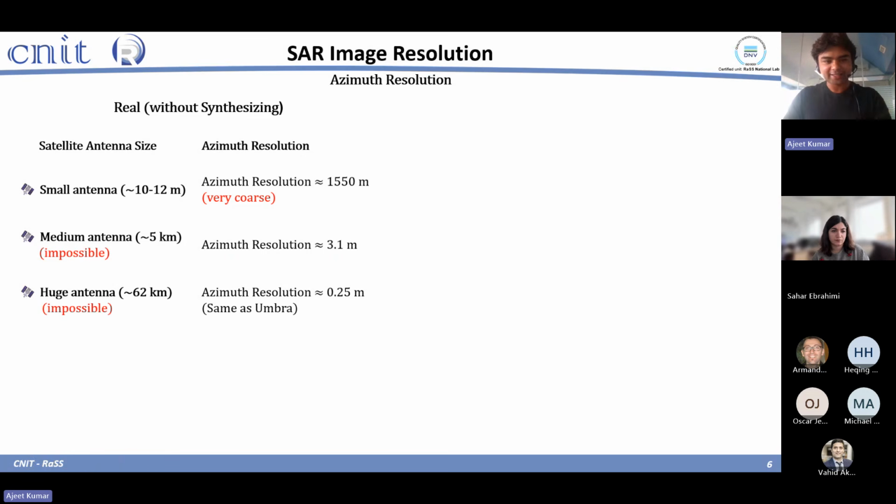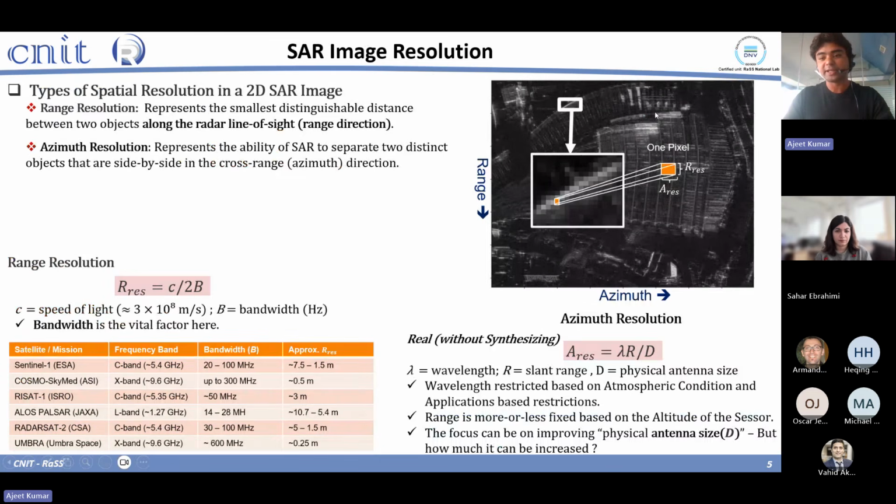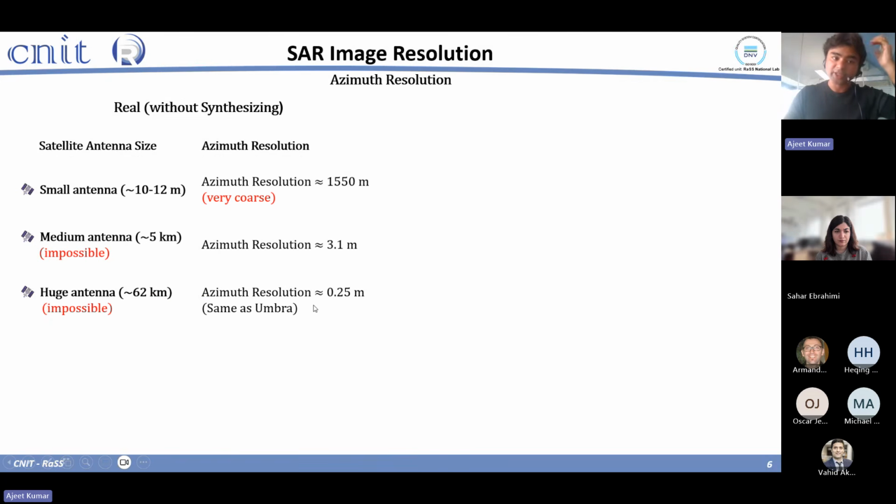In that case, if you don't do the synthesis, you'll reach a resolution of something like 1.5 kilometer. That's huge. You can imagine that one pixel will be covering 1.5 kilometer. All the buildings, the whole station, will be covered in one pixel only. So that's not good for us. It's a very coarse resolution. Now, let's say you want to reduce the antenna size.